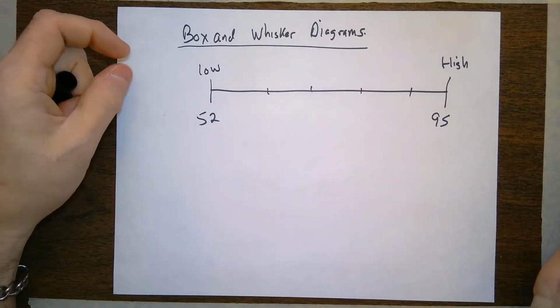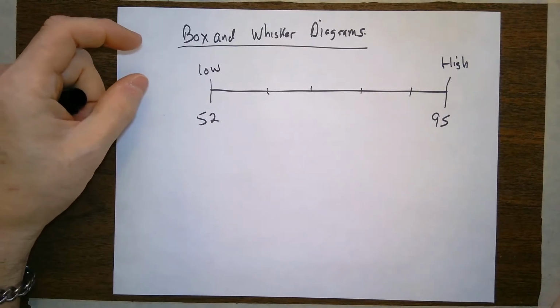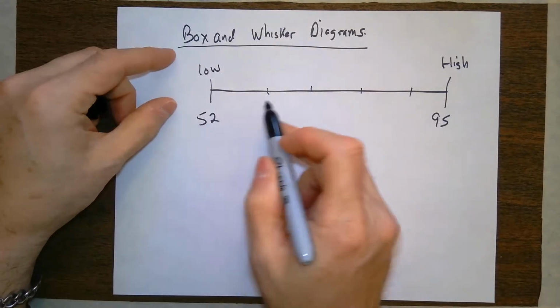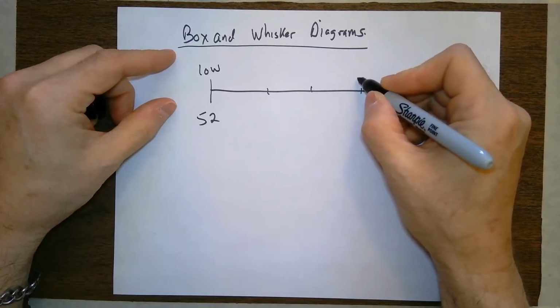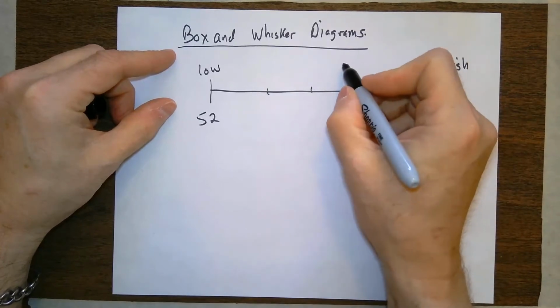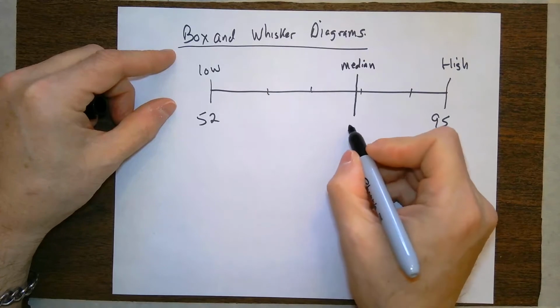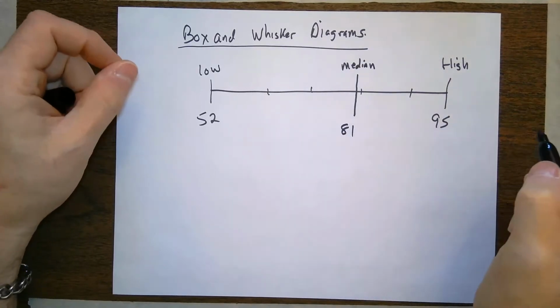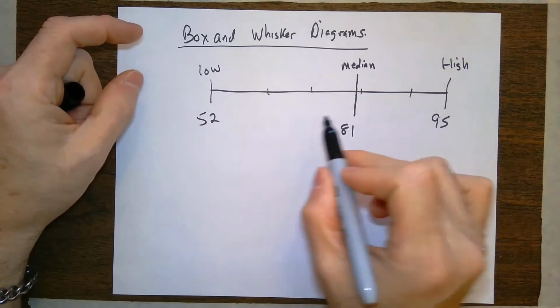And let's say that the median was an 81. So 52, 62, 72, 82. So let's say right around here was the median grade, the middle grade, which was an 81. And then we have the other quartiles, the boxes around that.